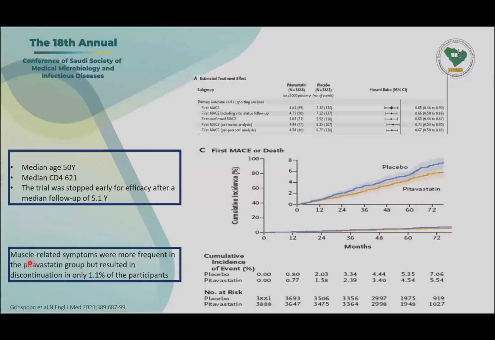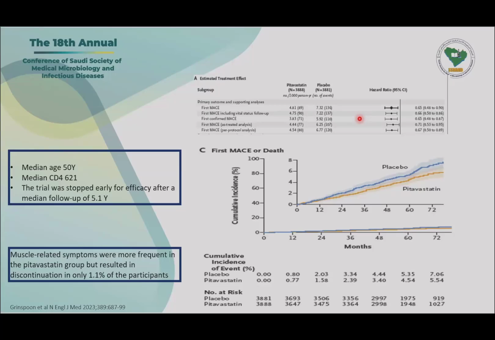Look at the forest plot here on the top. You can see the right side represents the pitavastatin group, and clearly, in terms of the major cardiovascular event, this group had much higher success.